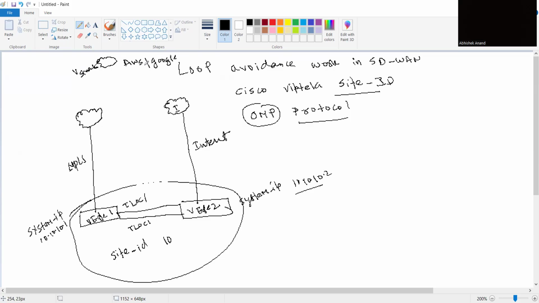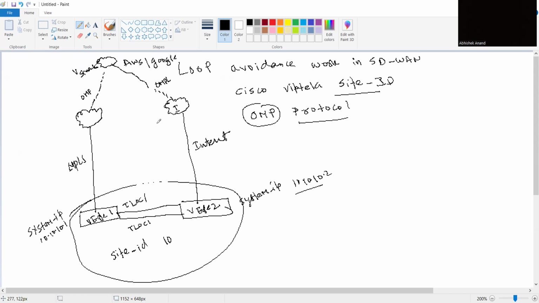I have seen this in real life; they have not deployed in the cloud. It all depends. Okay. So all the routes from this will be advertised to this vSmart through the OMP protocol.